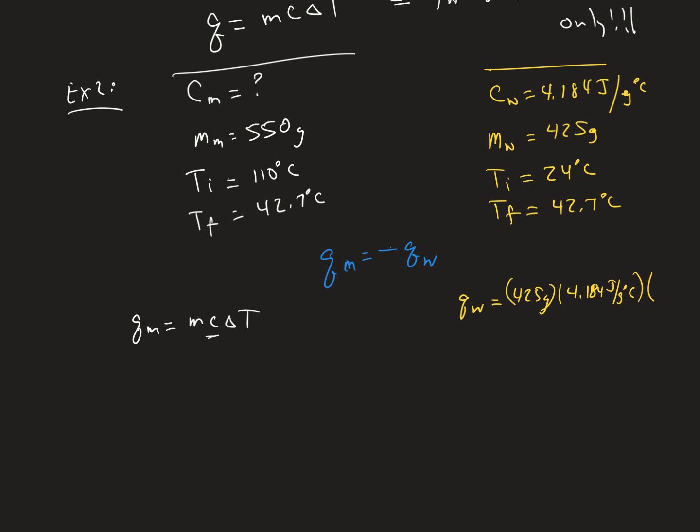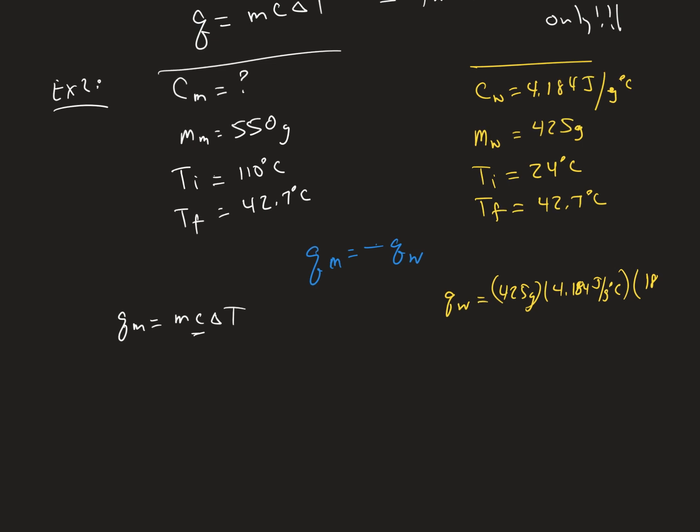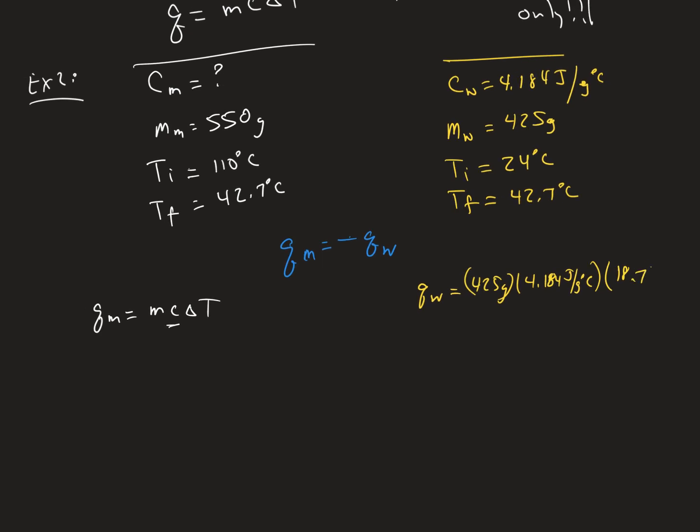We're going to have to calculate the change in temperature, which is 42.7 minus 24, 18.7 degrees Celsius. And let's make sure the units cancel out appropriately. Grams to grams, leaving degrees Celsius.